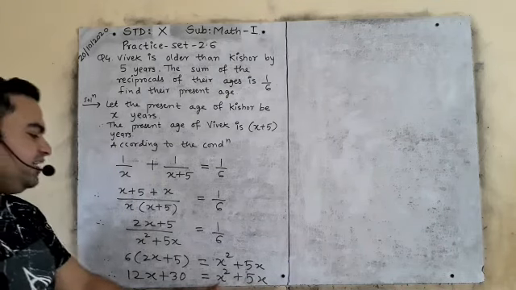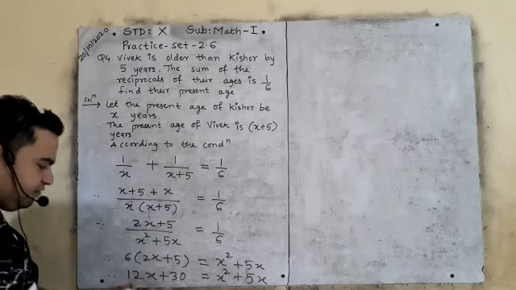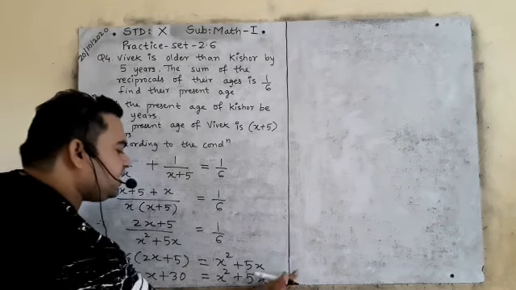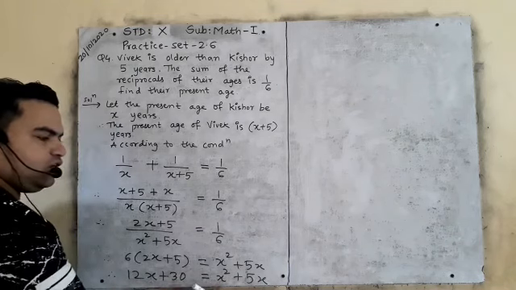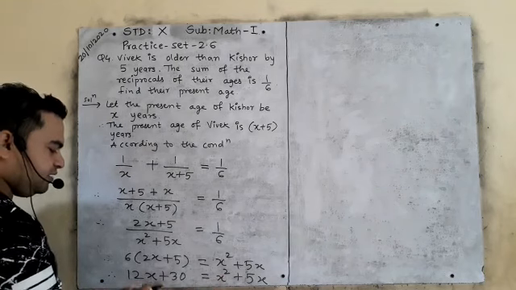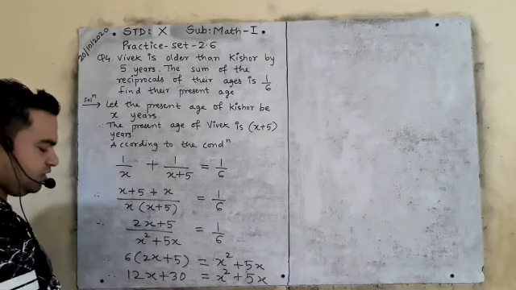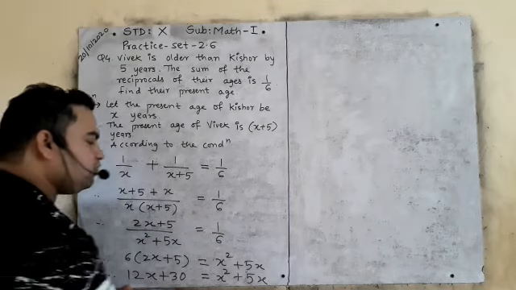This is x square, so these two terms will go to the right hand side. Don't make x square negative; later on you can change. So 12x plus 30 will go to the right hand side.